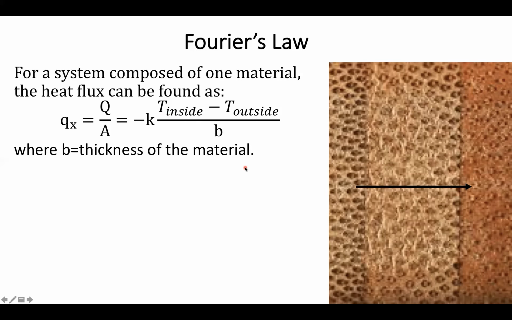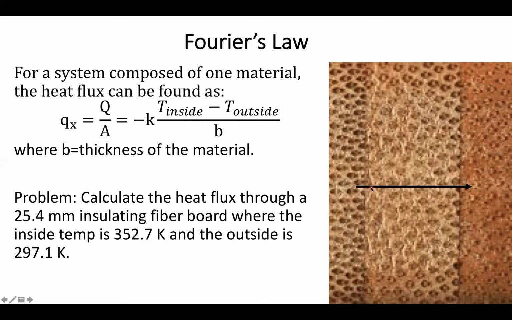So let's go ahead and work a real problem to see how this all comes together. Let's look at a nice classic insulating material, fiberboard, a classic construction material. You may even end up using this as an insulator around a reactor, as it's fairly cheap and not a bad insulating material.